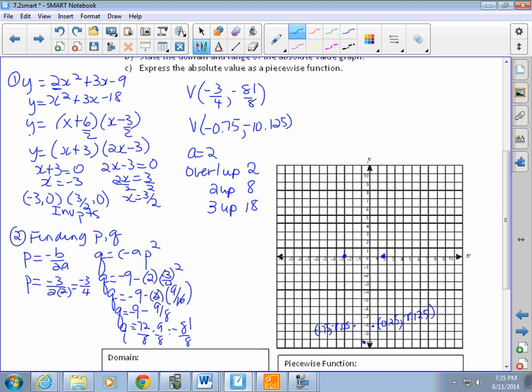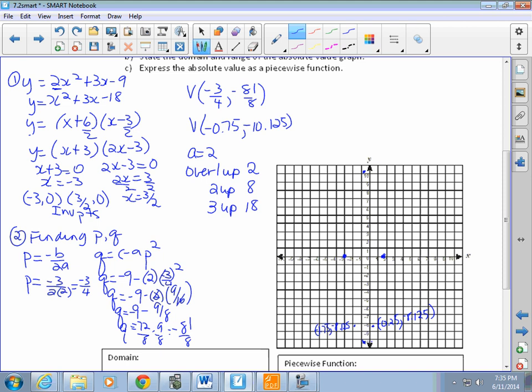So what we need to do then is anything that is below the x-axis will get graphed above. My vertex here was at negative 0.75 and negative 10.125, so it's going to be at negative 0.75 and 10.125, right above there. Then my other point was negative 0.25, so then it'll be at positive 8.125.